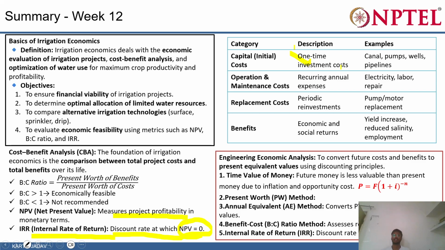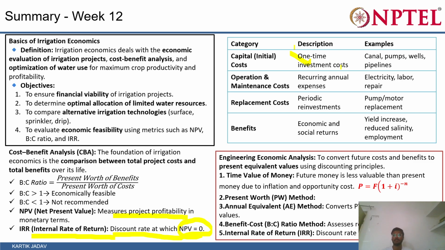Examples are establishing structures like canals, purchasing and installing pumps for the first time, construction of wells or tube wells, or purchasing pipelines. All this comes under initial cost because this is a one-time cost, and we are not changing it for a long time.